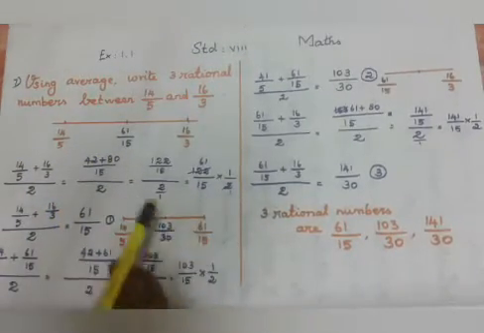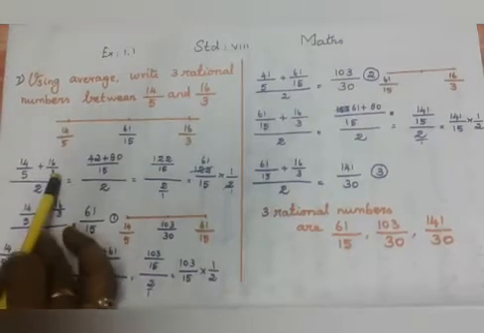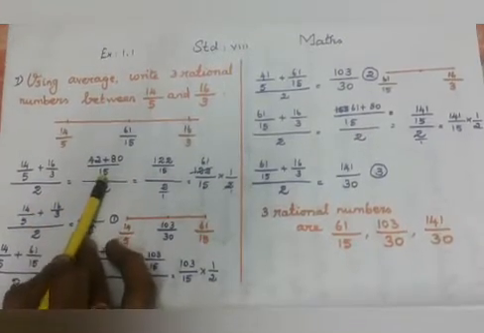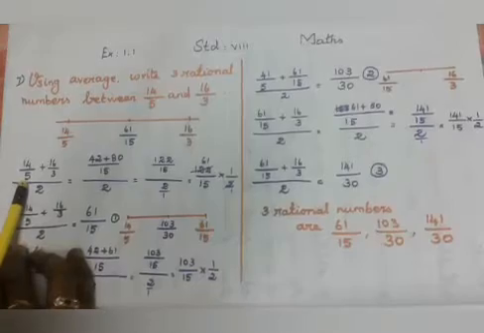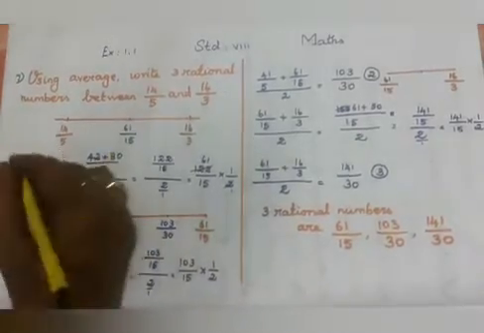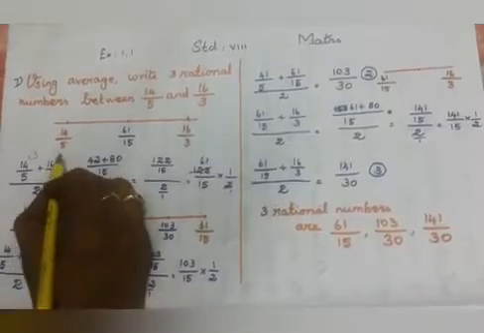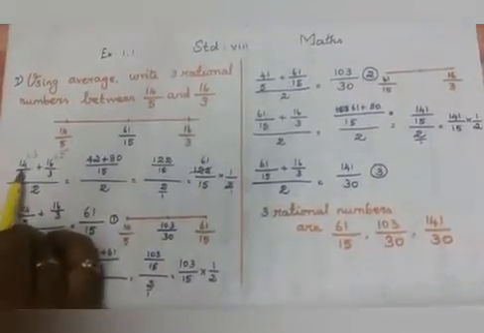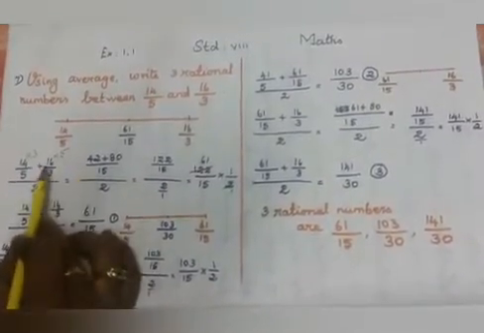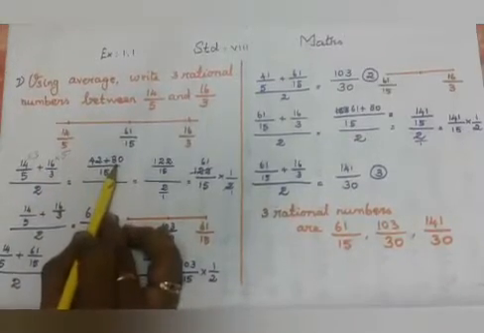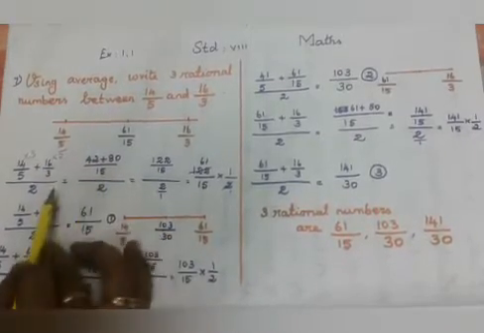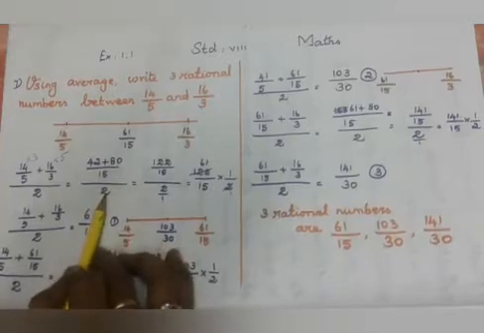So we find the LCM. Here the LCM of 5 and 3 is 15. Here it is 5, so multiply by 3. Here it is 3, so multiply by 5. So 14 3s are 42, 16 5s are 80, divided by 15, and the whole divided by 2.